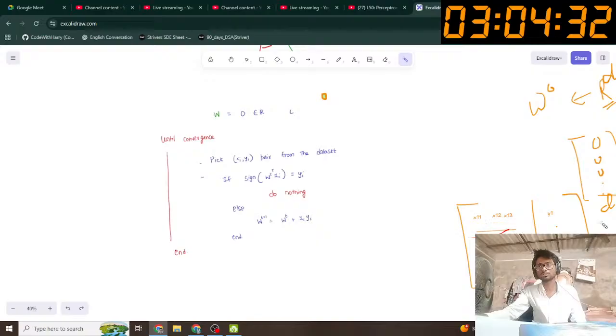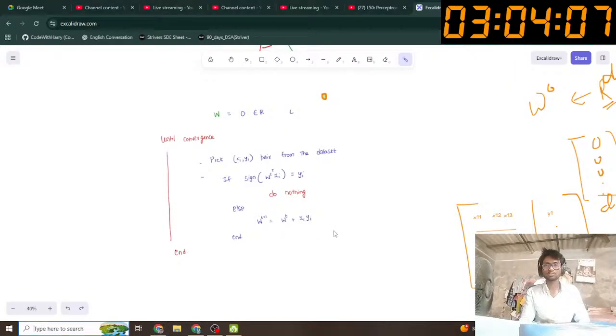If this point also matches its y label, we again move forward. Now let's say the function is not equal to yi. Then what we do is simply update this w. And the core thing that you need to learn in this algorithm is this portion only.